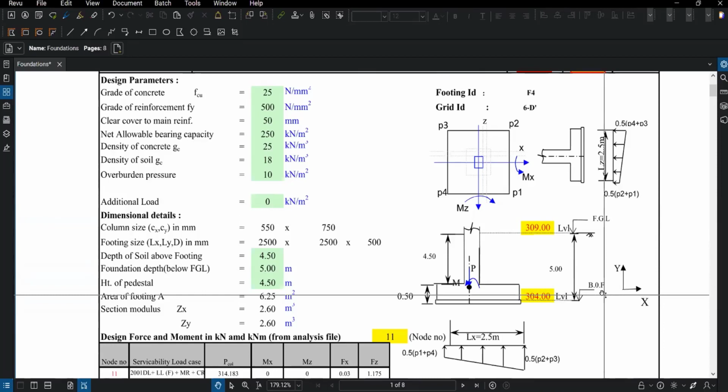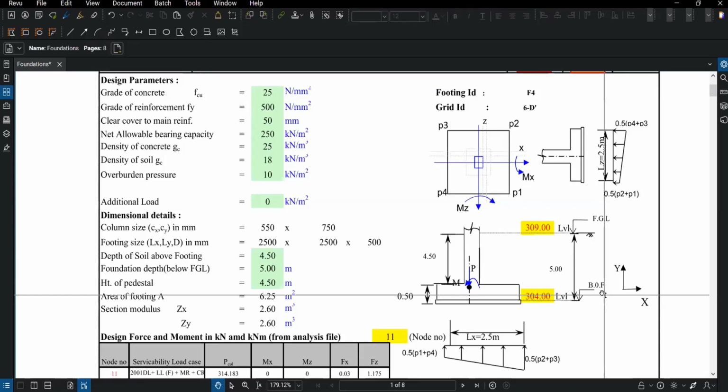So 5 meters is the difference. If you take out the entirety of the soil and excavate that 5 meters, then the bearing capacity of the soil tested at that level would give you a net allowable bearing capacity.